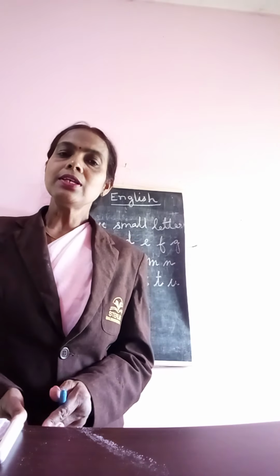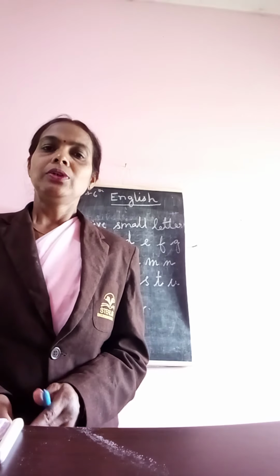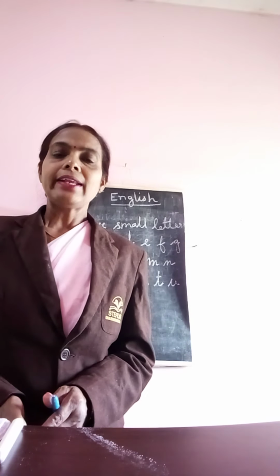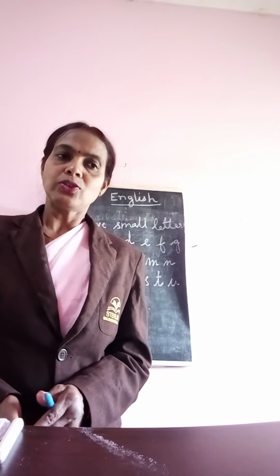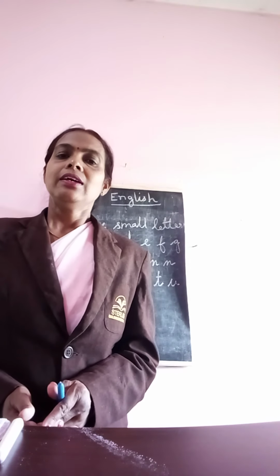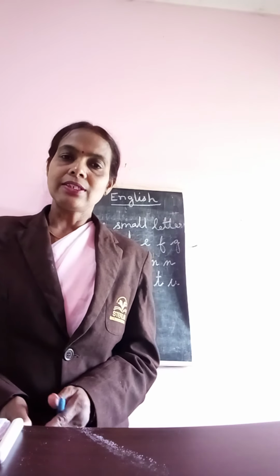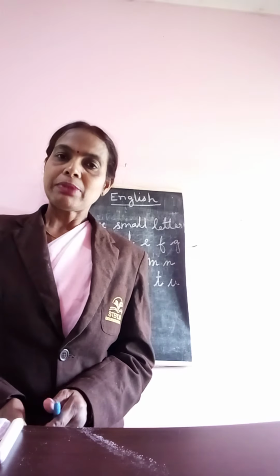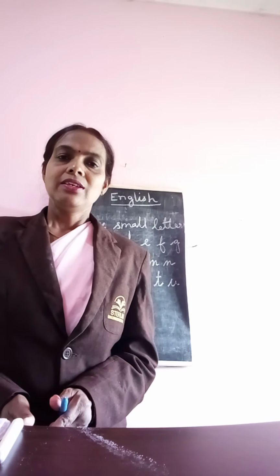Vowels are A, E, I, O, U, and the rest of the letters are consonants. And after that we have learned cursive letters also, cursive capital letters and cursive small letters.